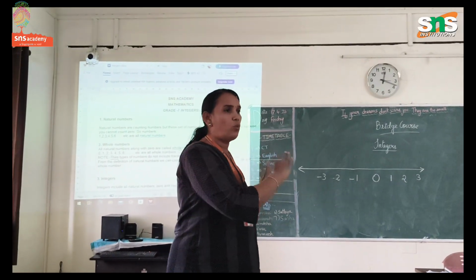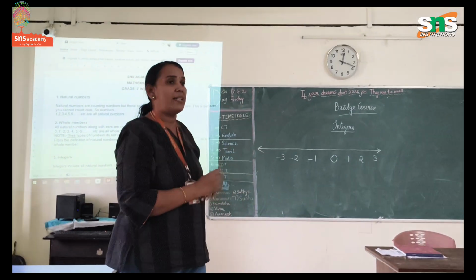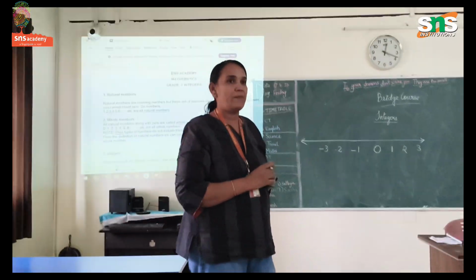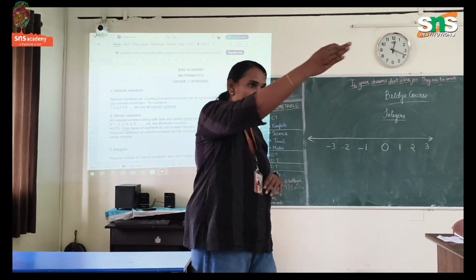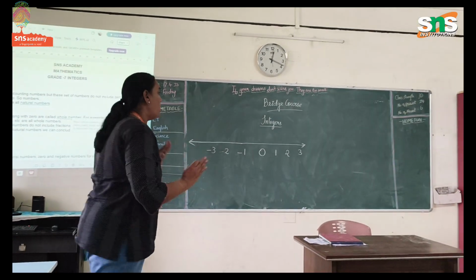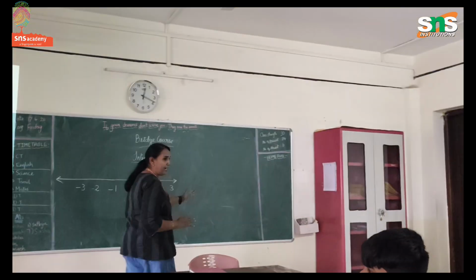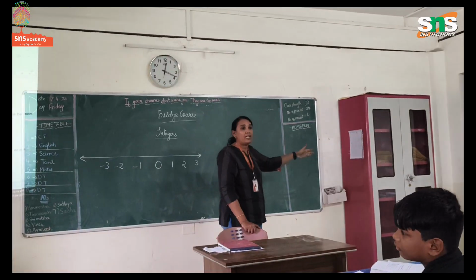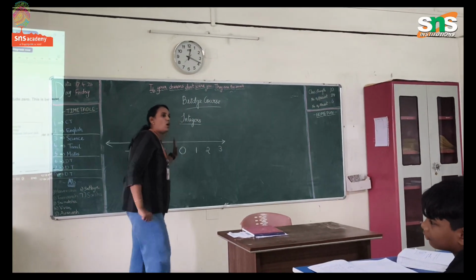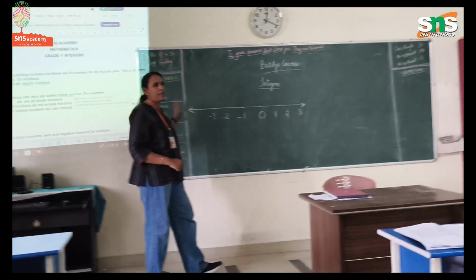When you are moving towards the right hand side in the number line, what about the values? The values will be increasing. Yes, very good. Always when you are moving towards the right hand side, the values will be increasing. This is the earning part, and this is the borrowing and spending part.